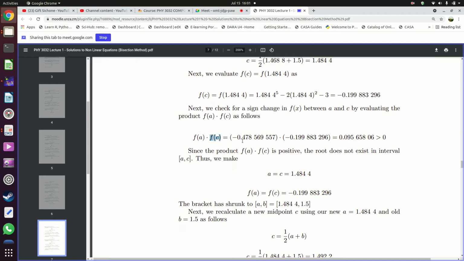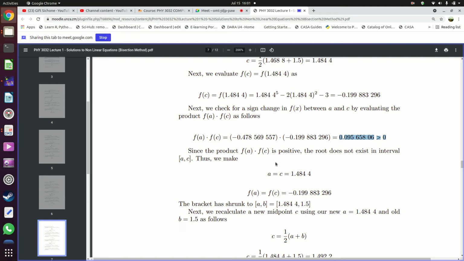Your f of a is negative, multiplied by your f of c, which is also negative. You end up with a positive number, 0.09565806, which is greater than 0. This positive product of f of a times f of c shows that there is no solution between a and c.